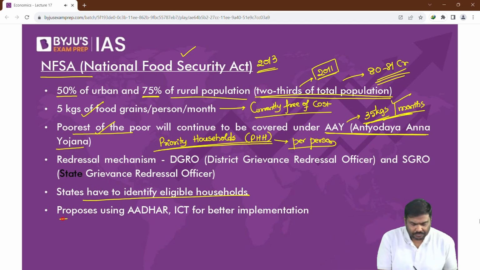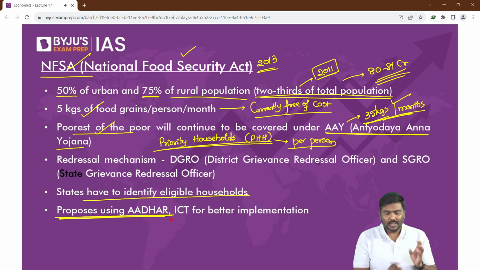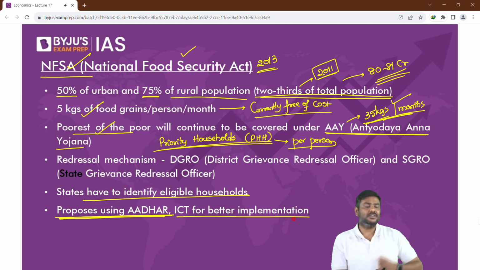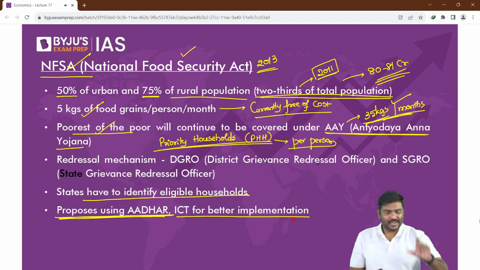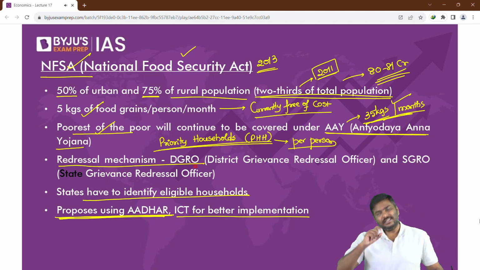For this year, the Government of India says we will provide these food grains free of cost. Under NFSA, it also proposes the utilization of Aadhaar and ICT, information communication technology, etc.